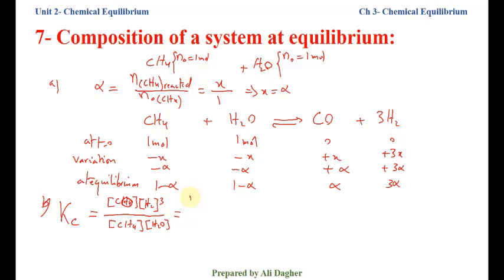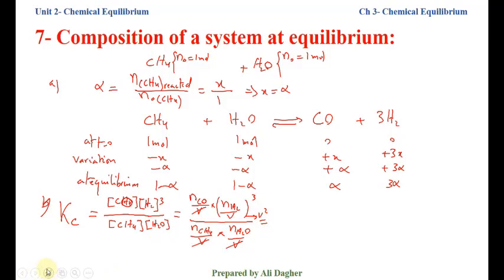The concentration is the number of moles over volume: number of moles of CO over V times number of moles of H2 over V to the power 3, over number of moles of CH4 over V times number of moles of H2O over V. First we simplify by V, and with V to the power 3 and V, it remains V to the power 2.